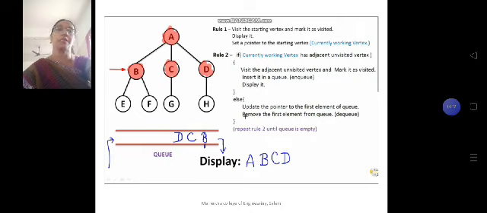Else, update the pointer to the first element of the queue and remove the first element from the queue; this is called dequeue. Repeat rule 2 until the queue is empty. That's the breadth first search manner.